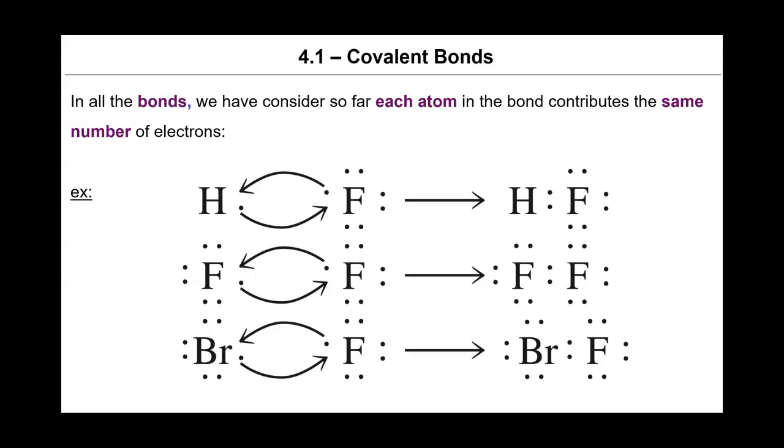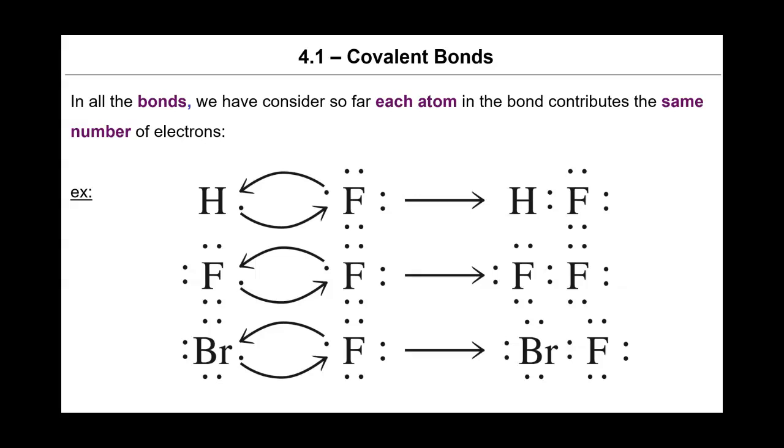In all of the bonds that we've considered so far, each atom has contributed an equal number of electrons to forming the bond. In most of our examples, we had each atom contributing 1 electron and forming a single bond. However, it doesn't always have to be like this.